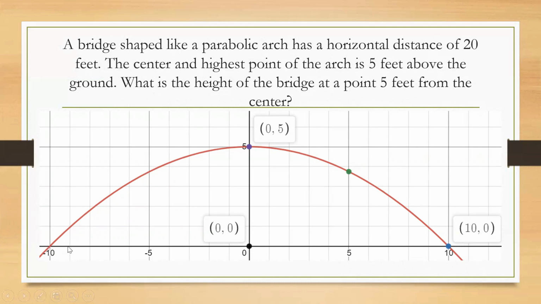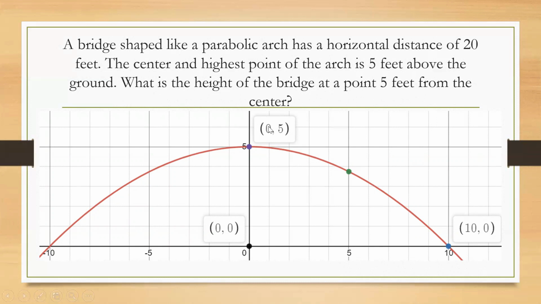The width of this parabola, or the arc, is 20. Remember, to make things easier, we put our vertex at the origin. But for this problem, it is specified that our vertex is 5 feet above the ground.